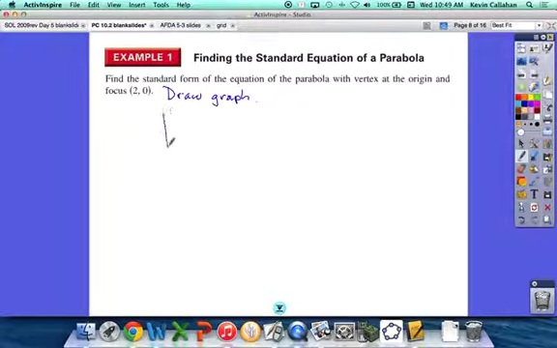Right? If I sketch a graph, the vertex is at the origin, so it's here. That's the HK. And the focus is at 2, 0, which is here. So this is the focus, and this is the HK.